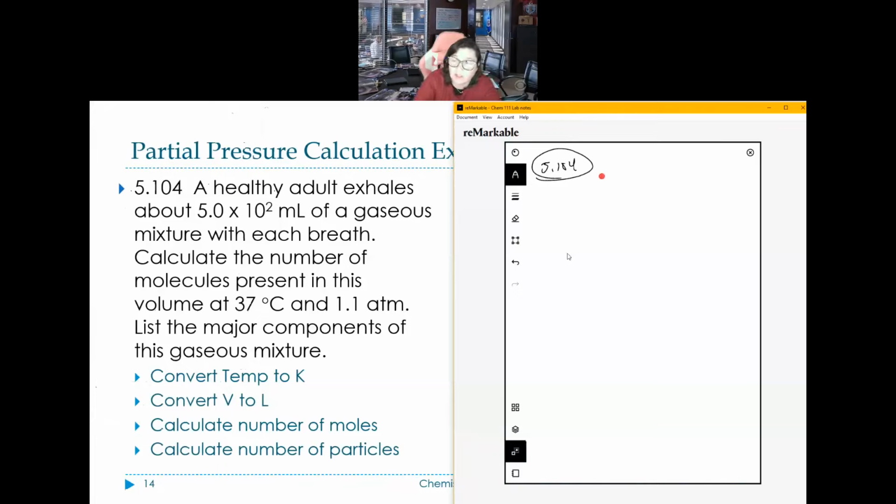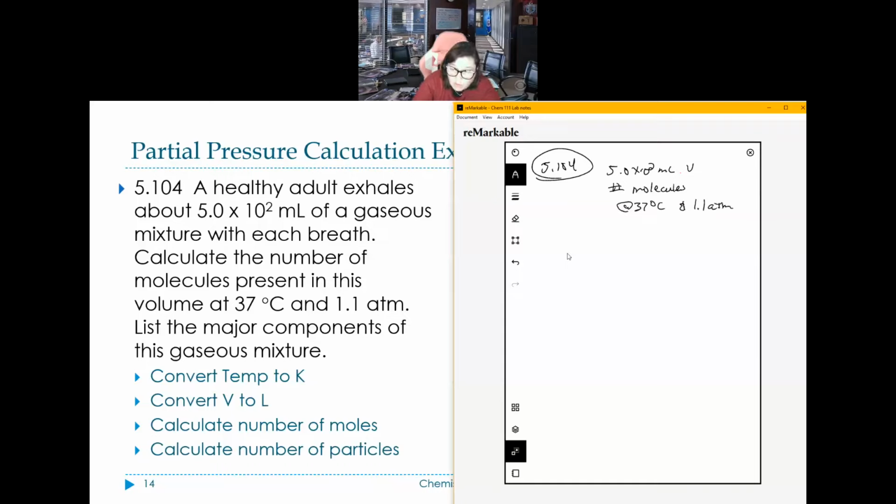5.104, a healthy adult exhales 5.0 times 10 to the 2 milliliters of aqueous mixture with each breath. Calculate the number of molecules present in that particular volume. So that is a volume at 37 degrees C and 1.1 atm.